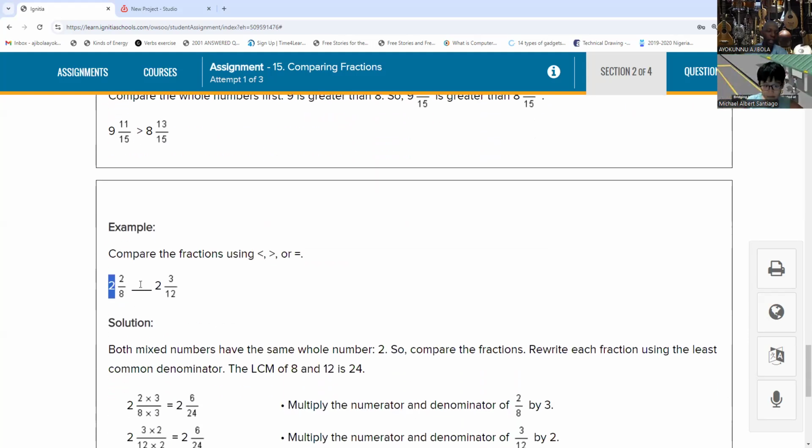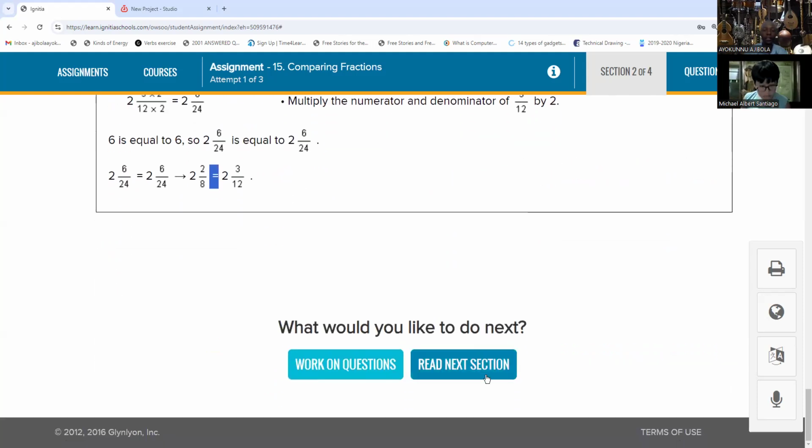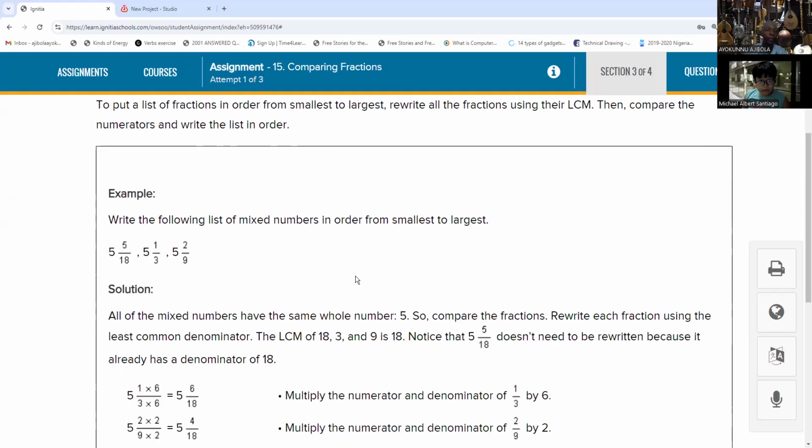And looking at this, they are the same, but this is 1 over 4. 2 over 8 is 1 over 4, and 3 over 12 is also 1 over 4. So they are equal, okay? Good. Let's go to the next section and see.